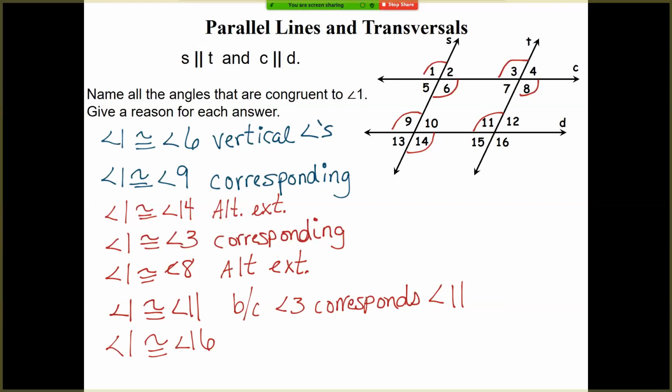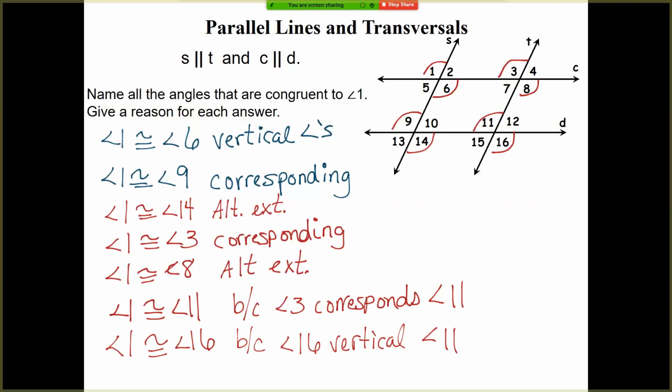So there's a bunch of different ways I could justify this. I'm just going to go with it's vertical to angle 11, because we just said that angle 11 was congruent to angle 1. So in this diagram alone, there are 8 angles here that are congruent to each other.